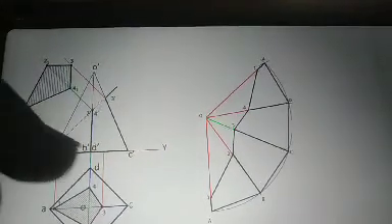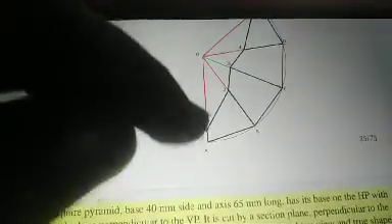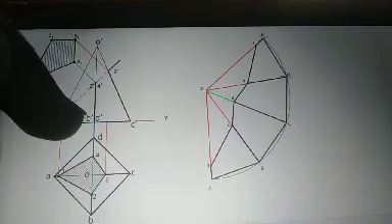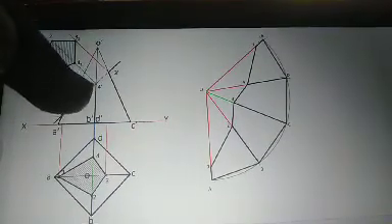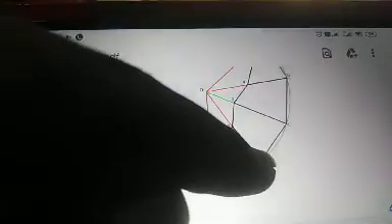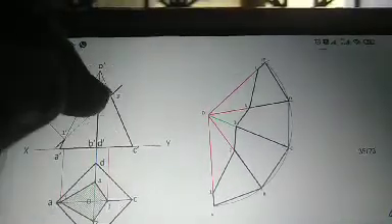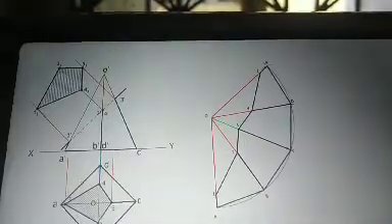A dash to 1 dash, take A here, A dash, and mark here 1 dash. Okay, again from B dash, by measuring B dash to 2 dash of cutting points, mark here from B to 2 dash. Again for C dash to 3 dash, measure distance C dash to 3 dash, take a compass and mark from C dash to 3 dash here.